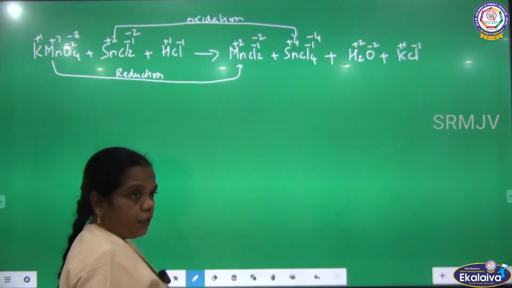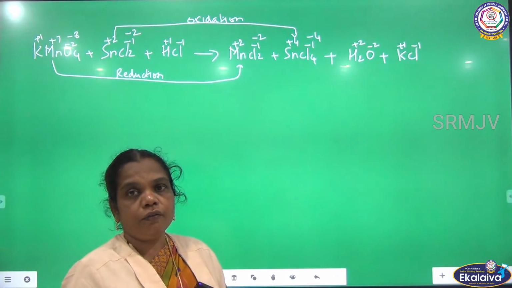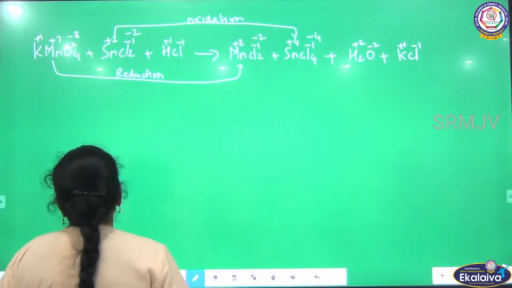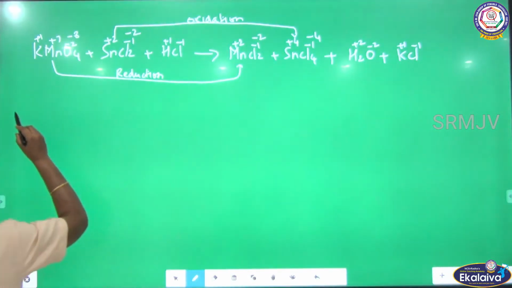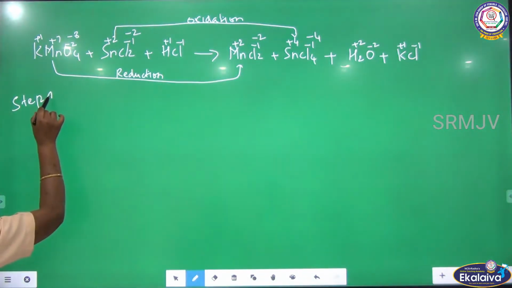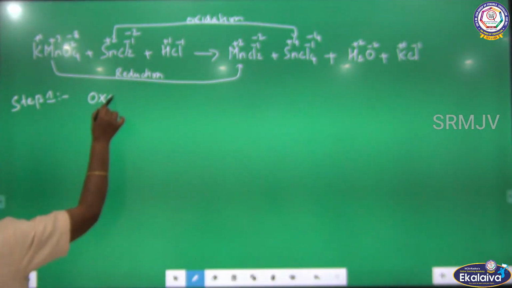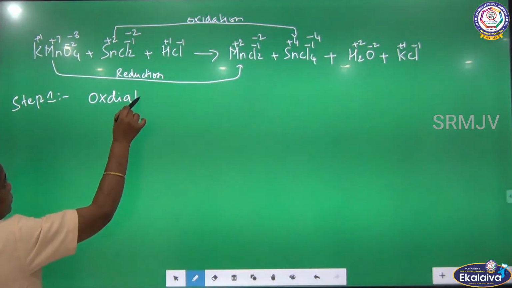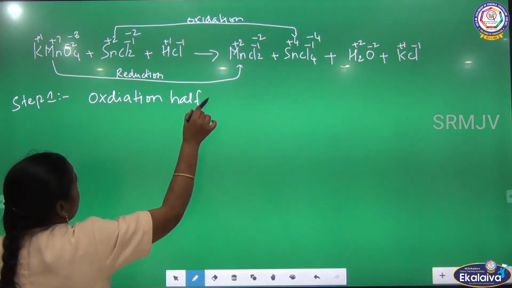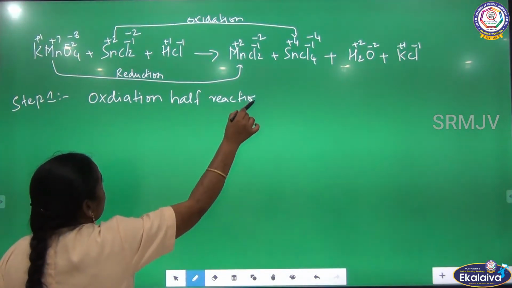In the first step you have to write the half reaction: the oxidation half reaction and the reduction half reaction. In step 1, the oxidation half reaction.